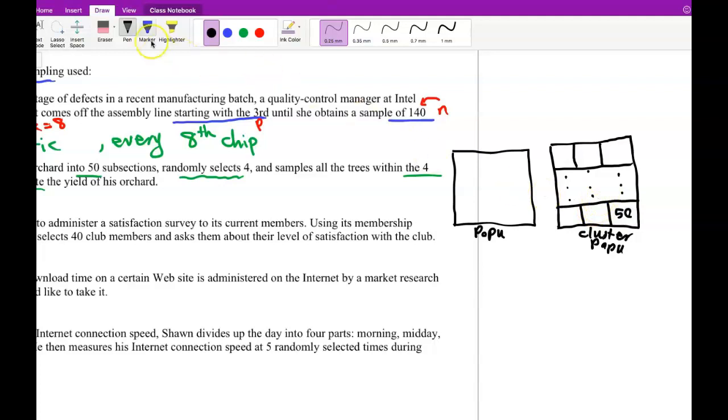So this is the first one, and this is 50. So we have 50 groups here, and in each one we have 4: 1, 2, 3, 4.